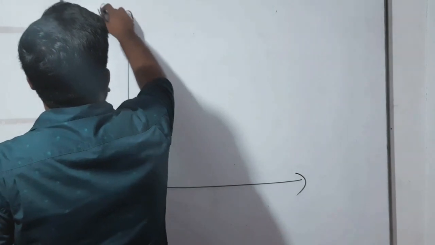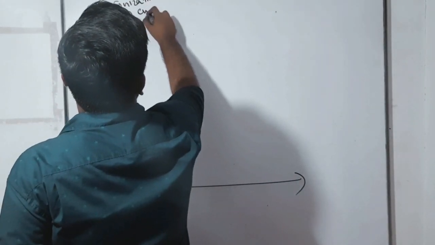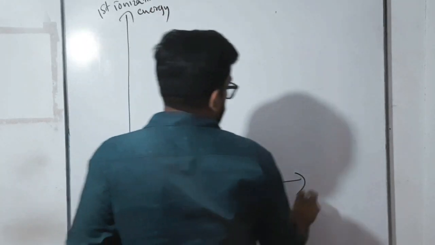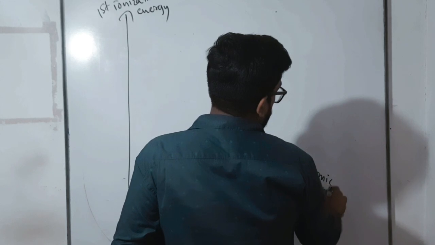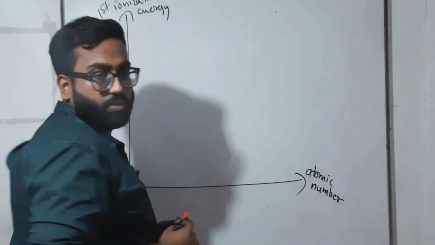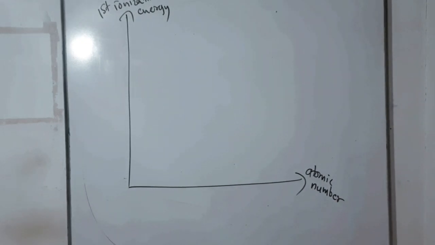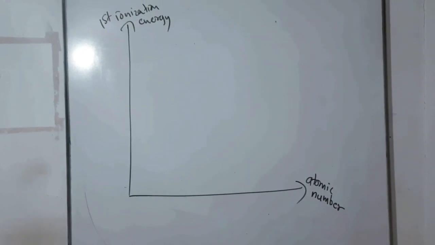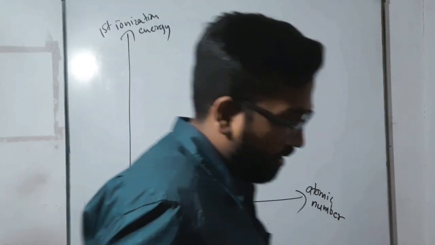Y-axis, first ionization energy, x-axis, atomic number. Is that visible for you children, the graph? Okay. Right, first ionization energy and atomic number.